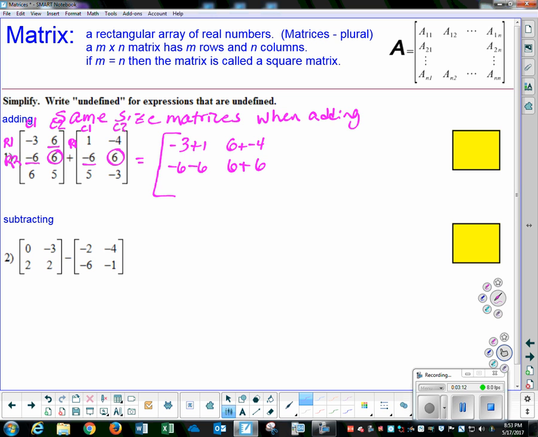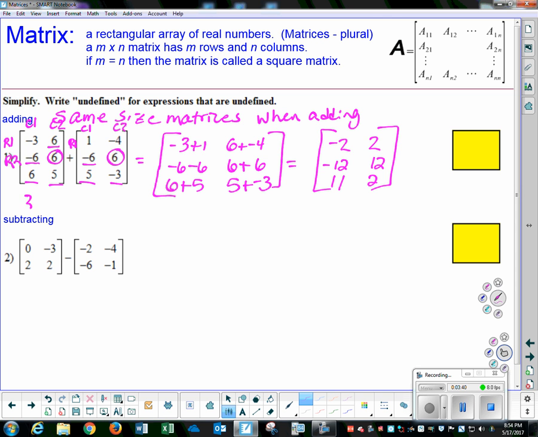I would bet that you've caught on to this, huh? 6 plus 5, and a 5 with a -3 gives us a what? -2, 2, -12, 12, 11, and a 2 as our final matrix, the result of adding two matrices.